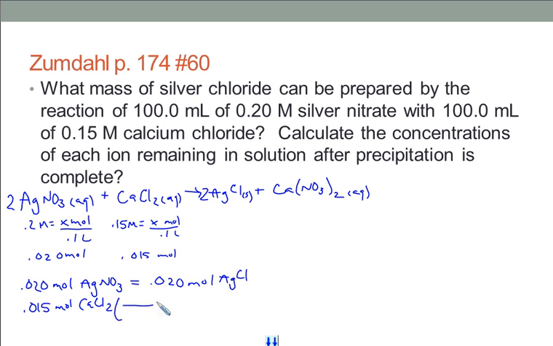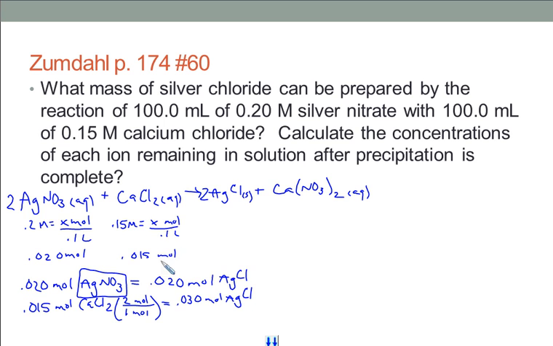In my next factor, the ratio is 1 calcium chloride to 2 moles of silver chloride, and so you can see you'll get 0.030 moles of silver chloride. The reactant that produces less product is my limiting reactant, which makes my silver nitrate the limiting reactant.